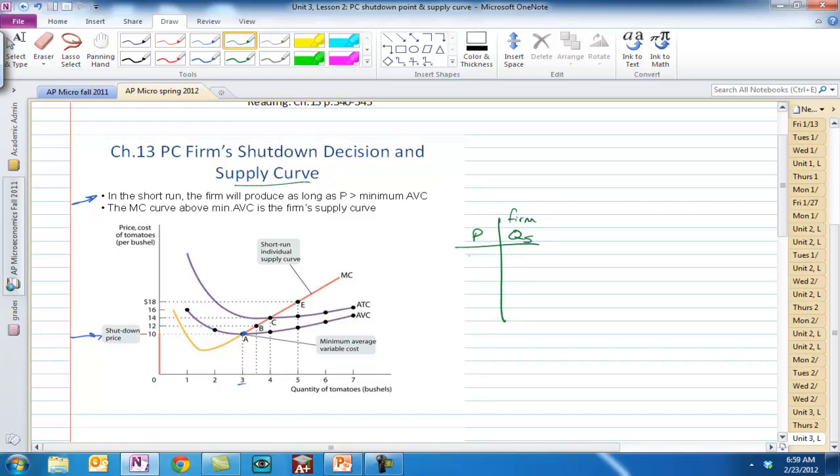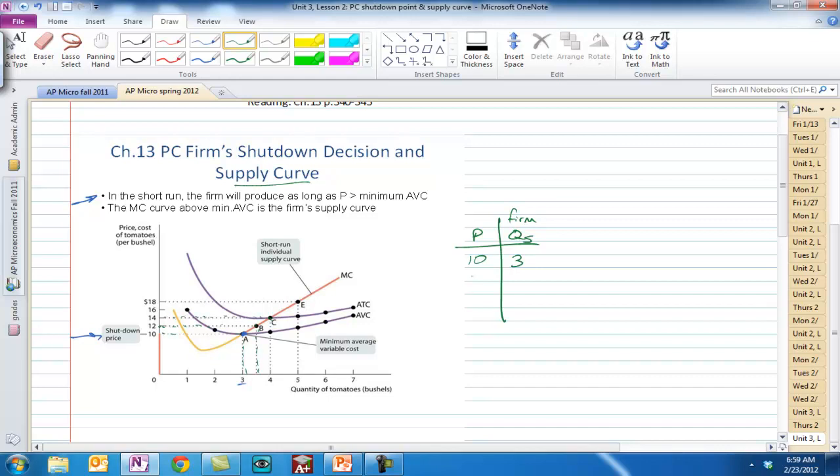We've already said if the price is $10, then the firm will supply 3 units. You can see that either from this graph or from the data tables that we used in the previous lesson. If the price is $12, then the firm will supply somewhere between 3 and 4 units. Let's go with the whole numbers.